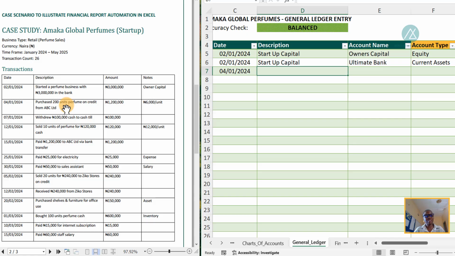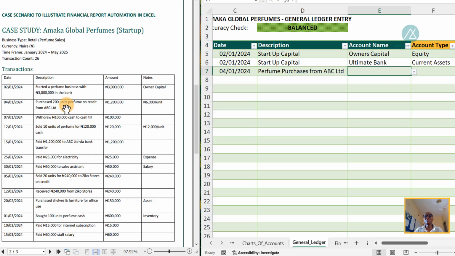So we'll say purchases, right? Perfume purchases from ABC Limited. Okay, so there's a perfume purchase, and if there's a perfume purchase on credit, meaning that we didn't pay, we took it on credit, right?